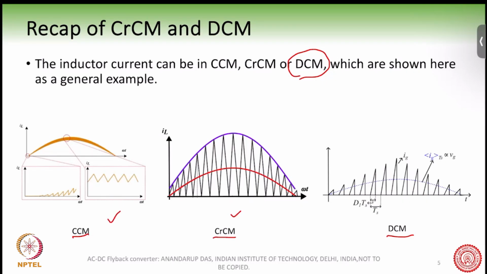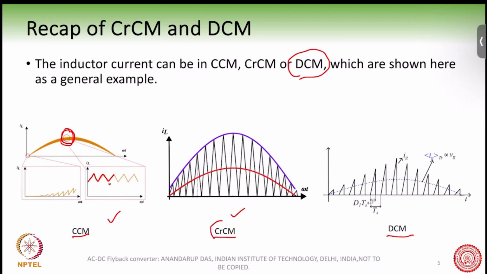I have copied them from there just to give you an example of what CCM, CRCM, and DCM are. In CCM, if you zoom in at this point in the inductor current, you can see that the current goes like this, and the current does not touch zero. So this is the continuous conduction mode.